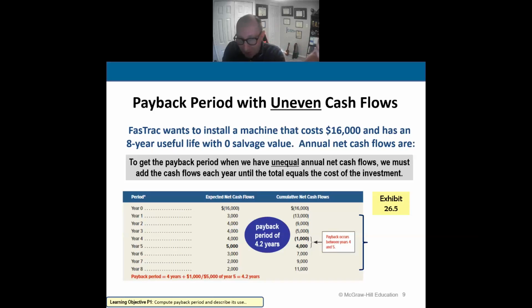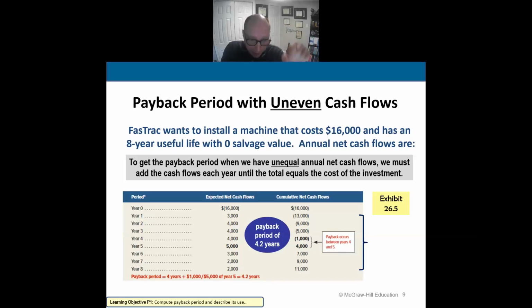It depends on the kind of year you had with your sales. Unless, of course, you have a government contract, then it might be the same amount every year, which is why we have the even cash flow example. That's if you just sell to the one customer, the government. But in most businesses, we have good years and bad years. So let's look at the example of uneven cash flows.